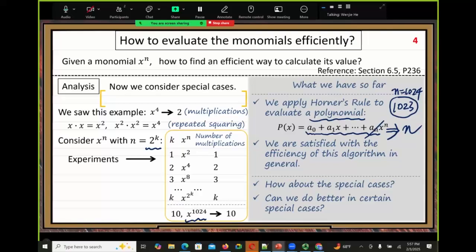Now look at the improvement. By repeated squaring against Horner's rule, you reduce the number of multiplications from 1023 to 10. Is that improvement big? Yes, that improvement is big.